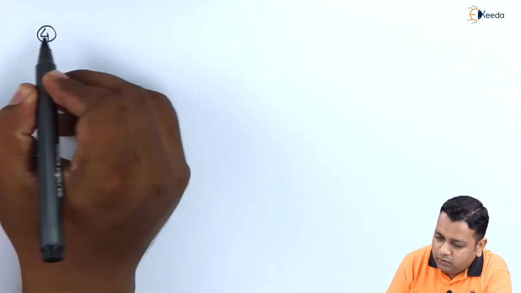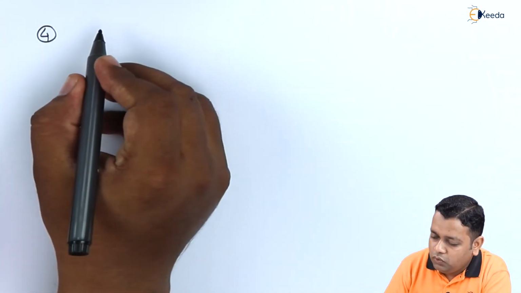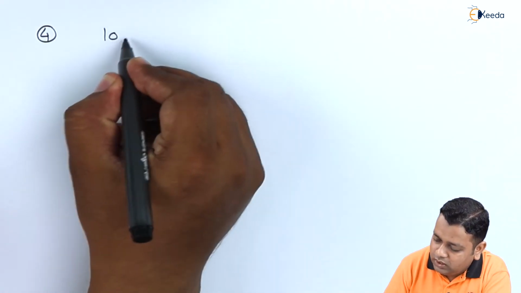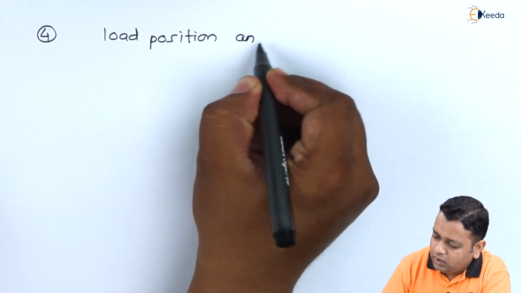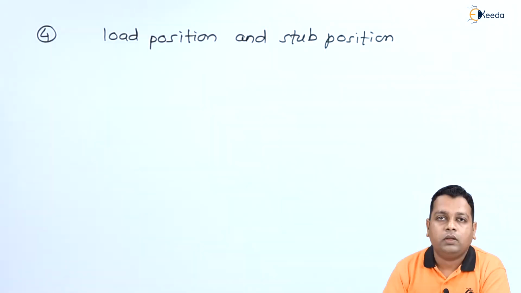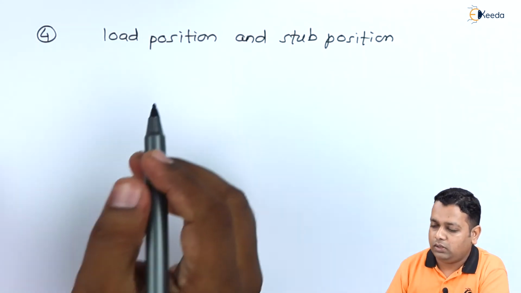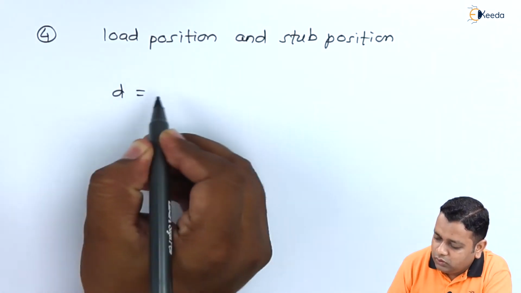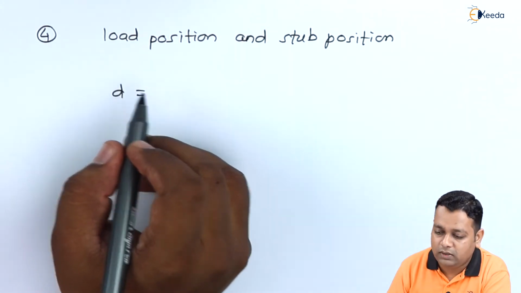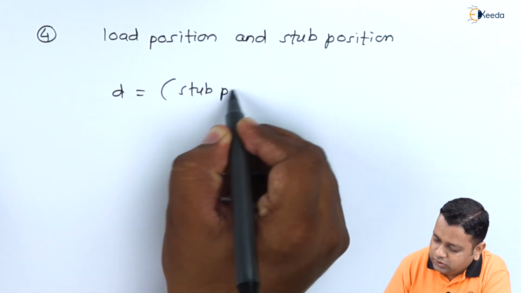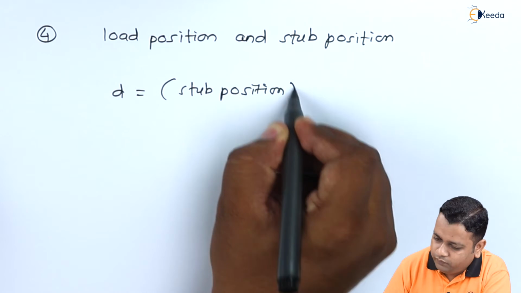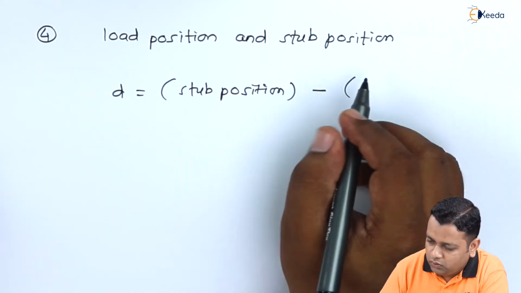So in the next step, let us say the next step is step number 4. We shall be finding the distance between the load and the stub position. So we write load position and stub position. So the next step is the determination of d, the difference of distance, which will be given by stub position minus the load position.